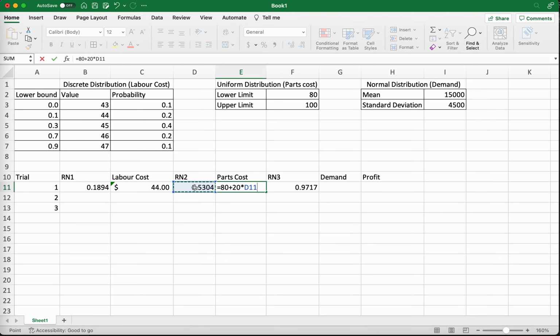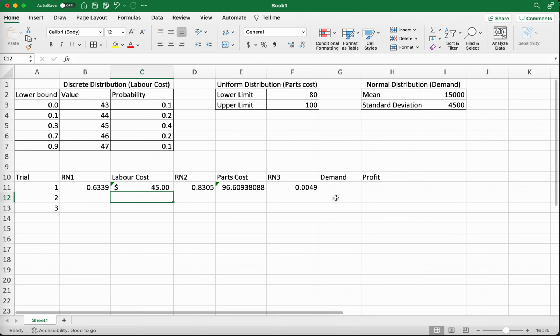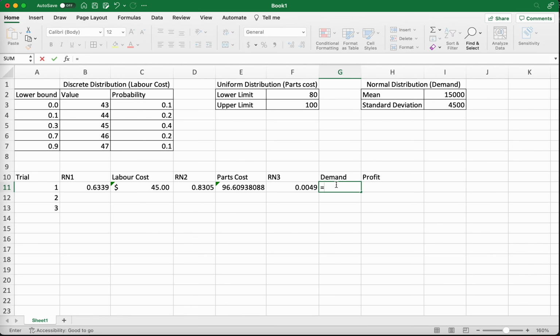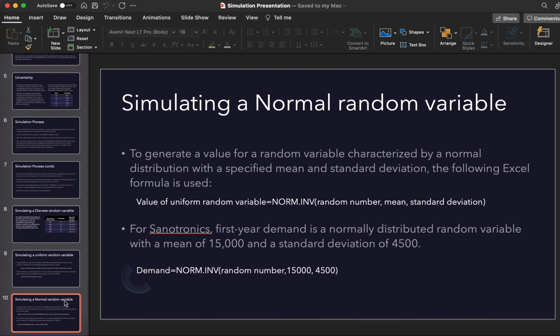Right. So whenever you refer to the random number in whichever formula we're using, you'll notice that we never use dollar signs because they're going to change with each trial. Finally, demand. For demand, the formula was norm.inv with the random number.